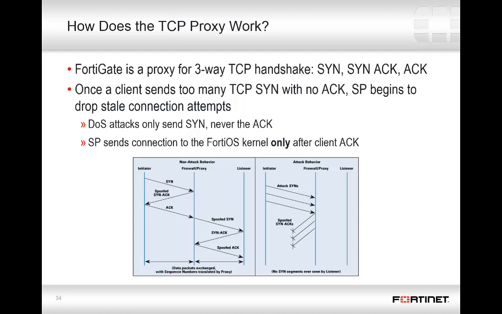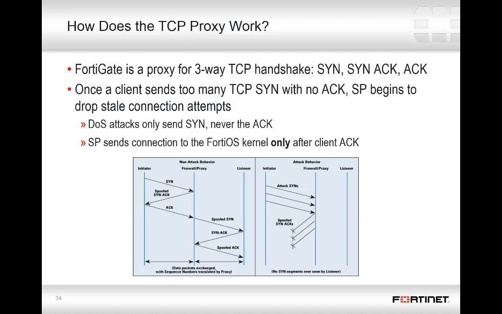During the three-way TCP handshake between a client and server that establishes and confirms a connection, first, the client sends a SYN signal. Second, the SP on your FortiGate replies to the client with an ACK signal, so your server doesn't directly reply. Instead, FortiGate waits for the ACK from the client.